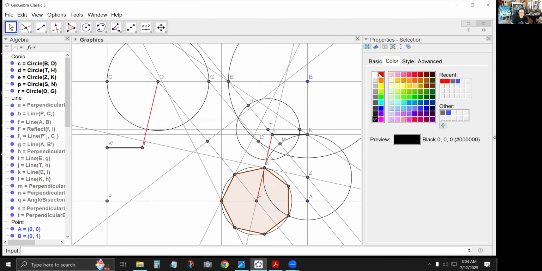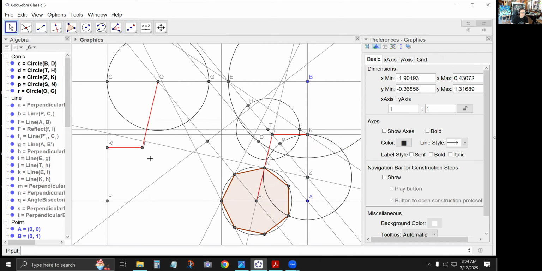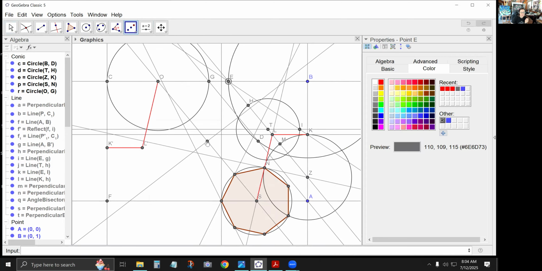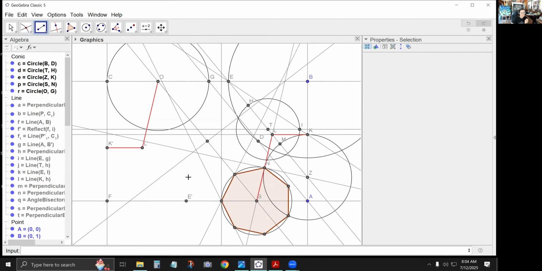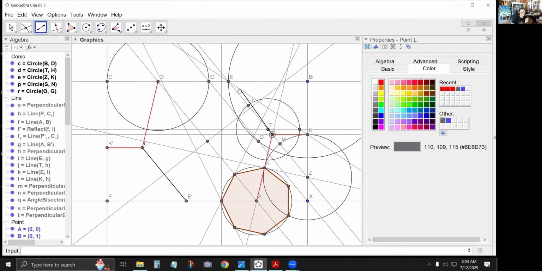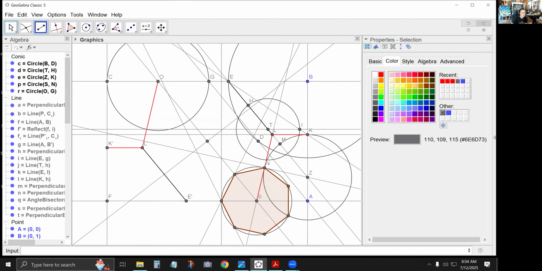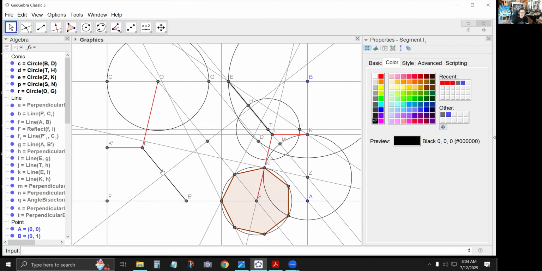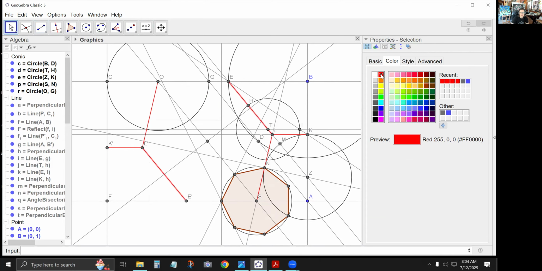I'm holding control and clicking to make both of those red. And then I want to reflect point E also about that center point, and I'm going to put in this segment and this segment, and I'm going to make those both red.